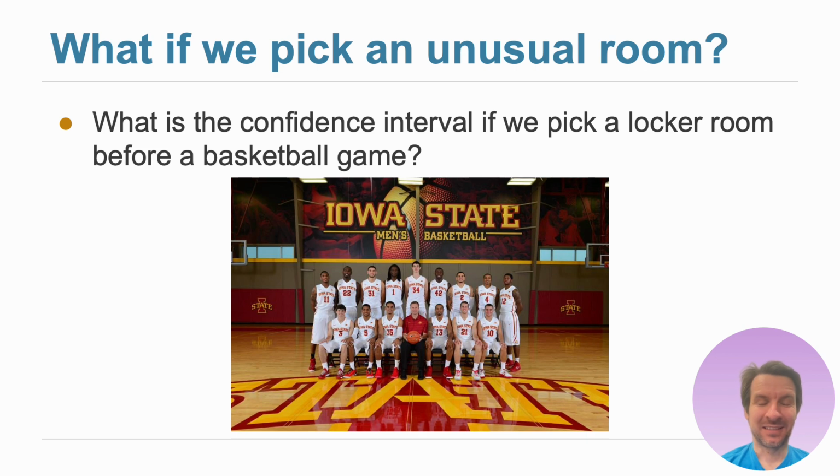And suddenly you will get heights that are much bigger than the typical heights of students, and then you will still have 95% confidence in the interval, but the interval will be wrong. The way you were doing it, find a room on campus and measure the students, was a good approach, but there are cases where it may fail.